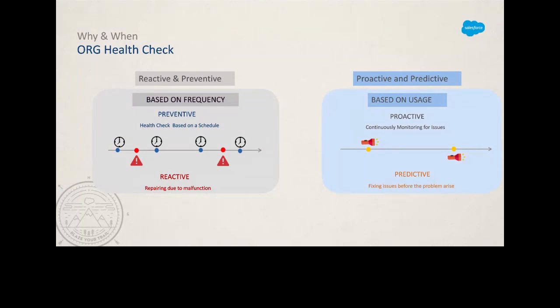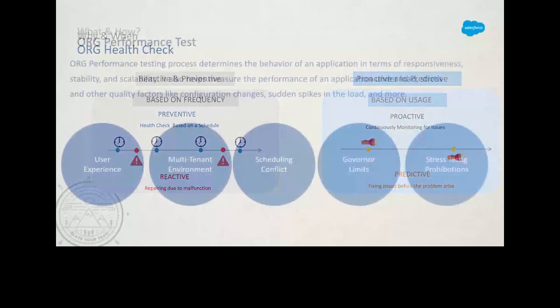So if we define the baselines, and if anything comes beyond the baselines, it will automatically prompt a notification. So that was mostly for org health check. And now we're going to performance test.